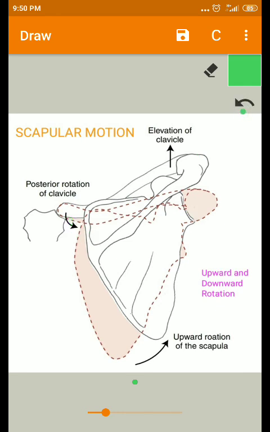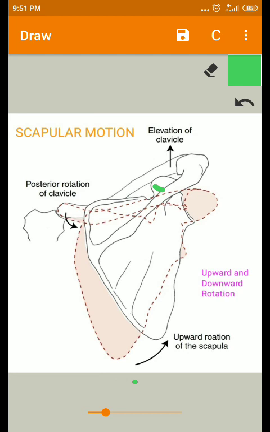But these two things are theoretically possible, but not possible in a normal healthy person. Here the available range of AC joint internal rotation is only 58 degrees to 68 degrees.